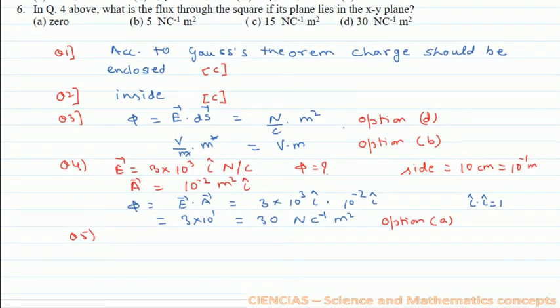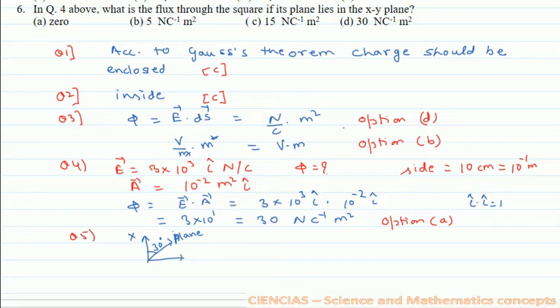Here the plane of area makes an angle of 30 degree with the x axis.